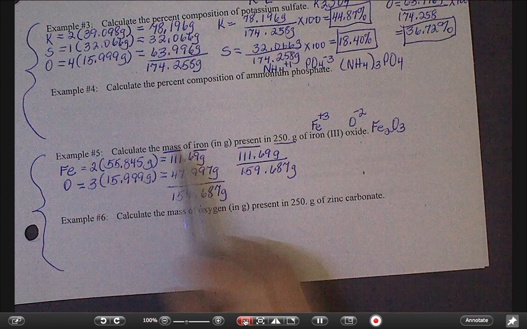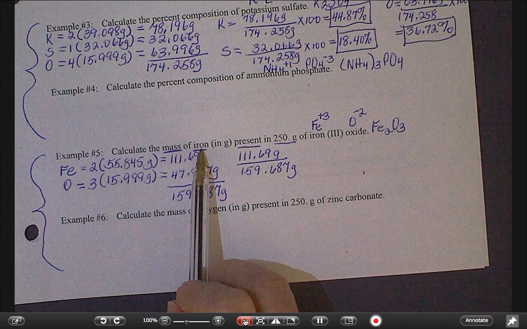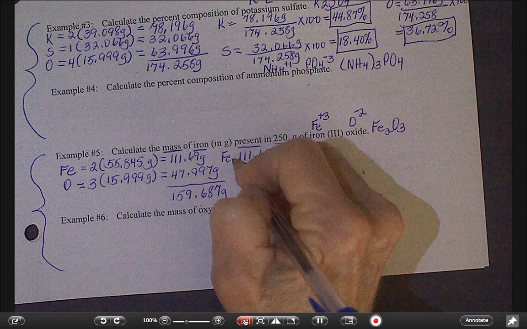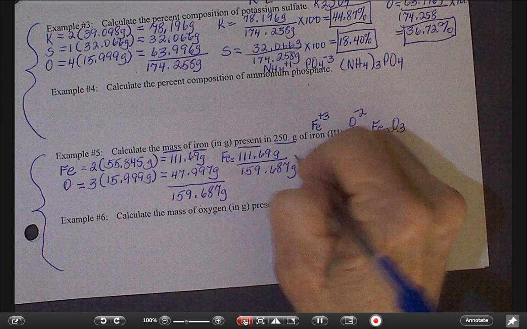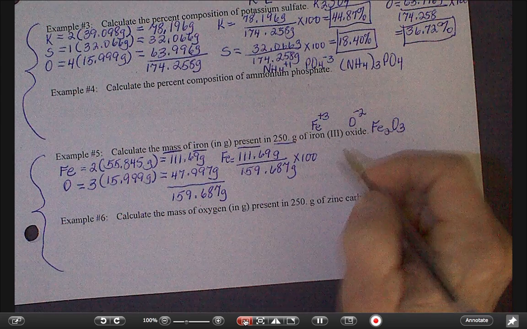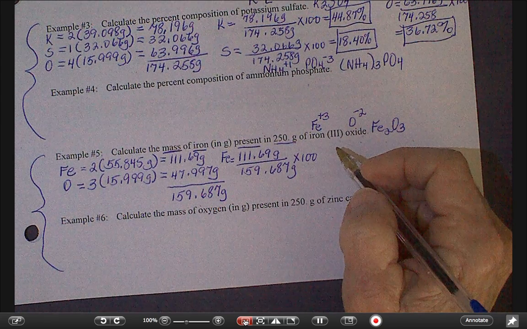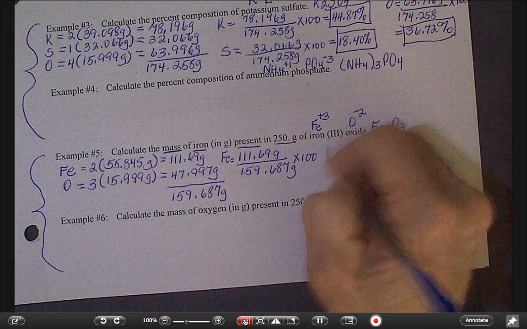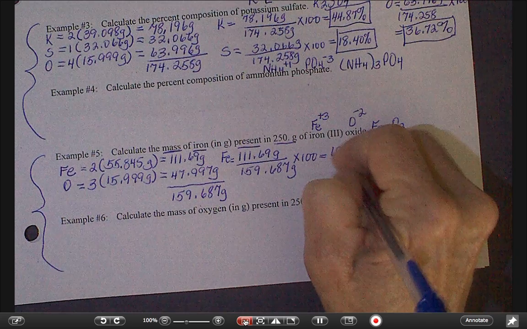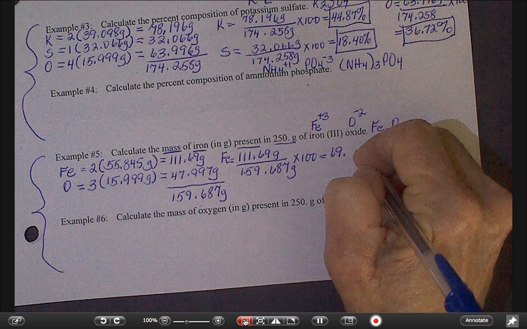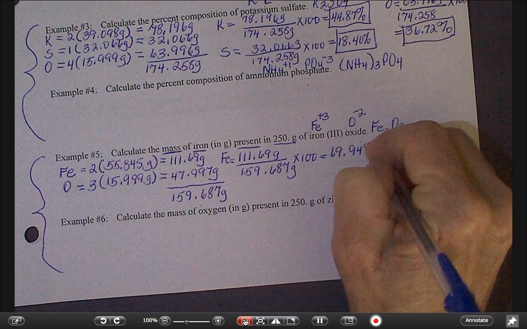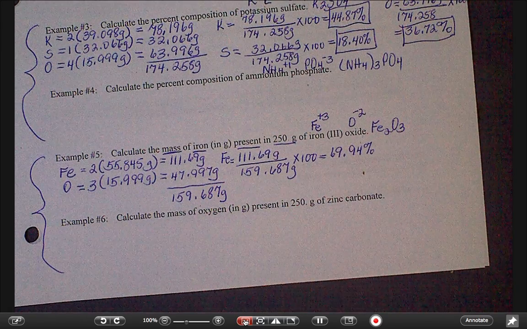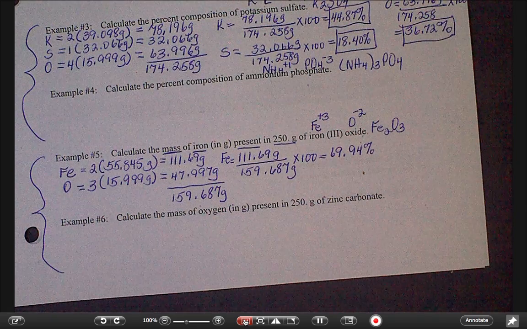Does everybody understand they're only concerned about iron? Yes. Okay, so this is our iron. Alright, times 100. And I have 69.94%. Did y'all check my math? Okay. Now, everybody good so far?